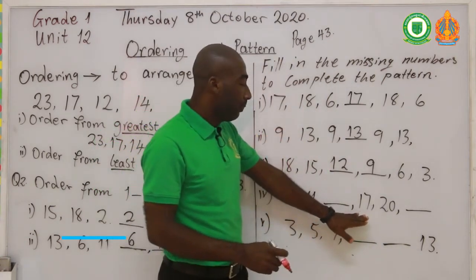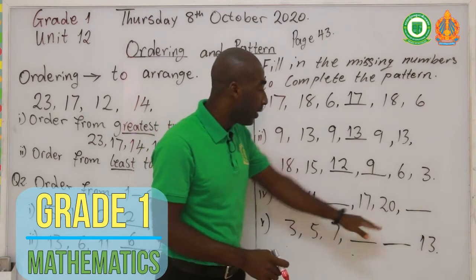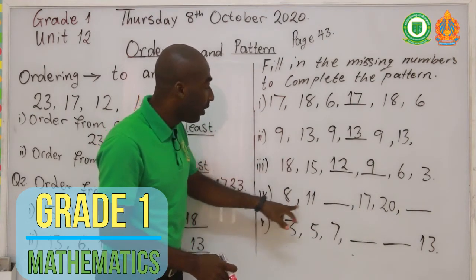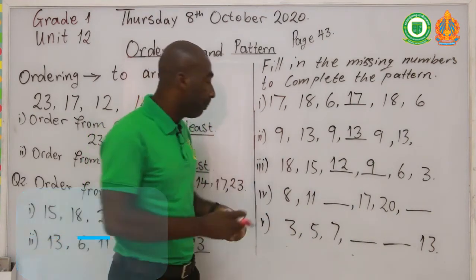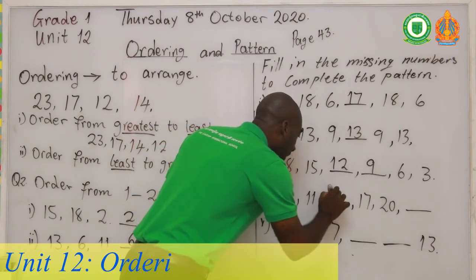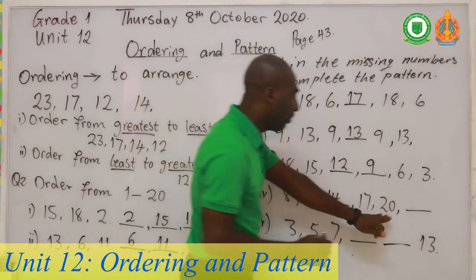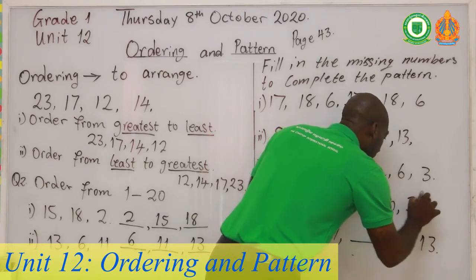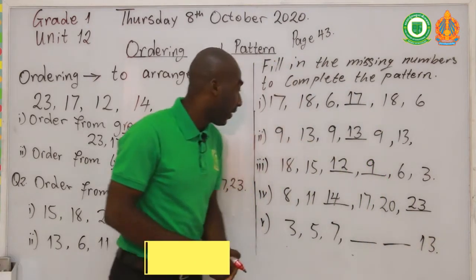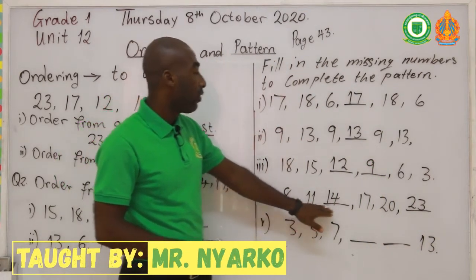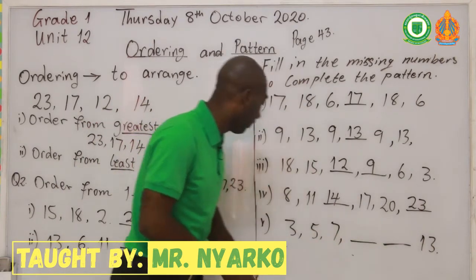So you need 3 to get 20, you need 3 to get 11. That means this will be 14, and then this will be 23, okay? So it is 8, 11, 14, 17, 20, 23.